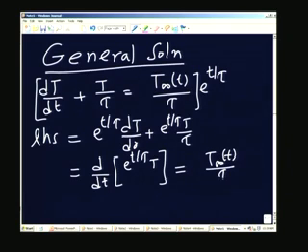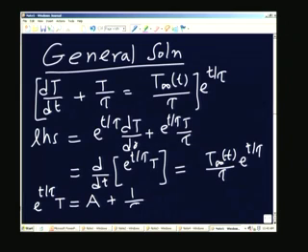by tau multiplied by e to the power of t by tau, and all I have to do is to integrate it once. If I integrate, I will get e to the power of t by tau multiplied by T is equal to some constant of integration, I will say it is A, plus 1 over tau, tau is a constant, I will just take it outside, integral 0 to t of T infinity, which is a given function of time, e to the power of t by tau dt.